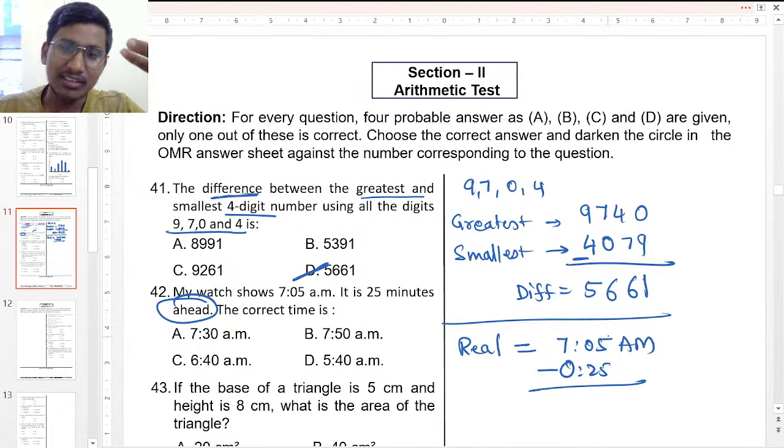We cannot subtract 25 minutes from 5 minutes, right? So we have to borrow 60 minutes, so here it will be 6 hours.